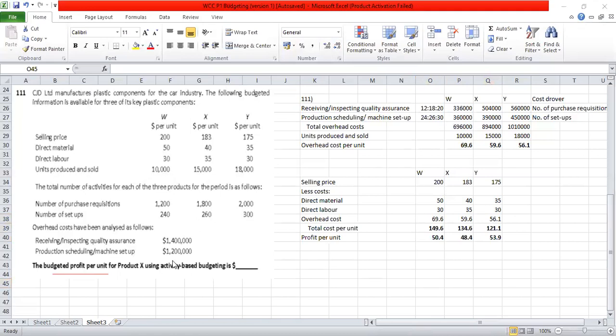They have asked only for product X, so product X answer would be 48.4. But otherwise, also for any other thing, also if they ask, we can have this one.